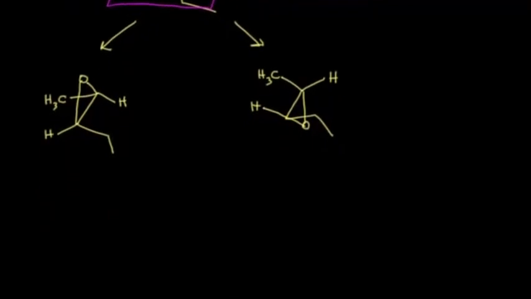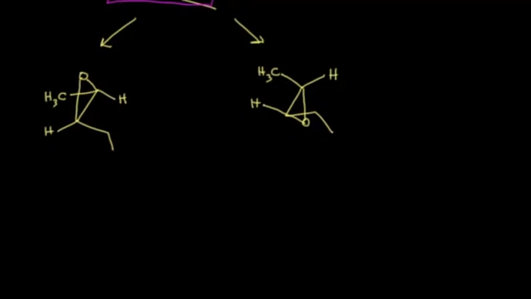So let's see if we can get a different vantage point on our epoxide product. I'm going to put my eye right here, and I'm going to stare at this epoxide like that. If I'm staring at that epoxide, I could redraw my epoxide here. So I'm going to put that portion of the molecule like that.